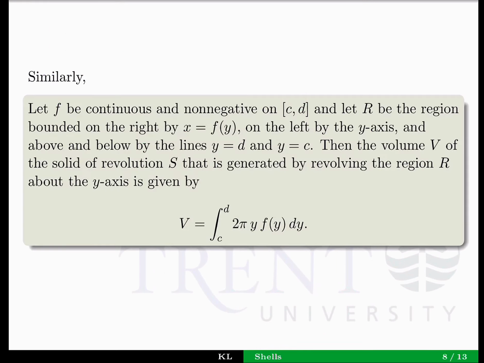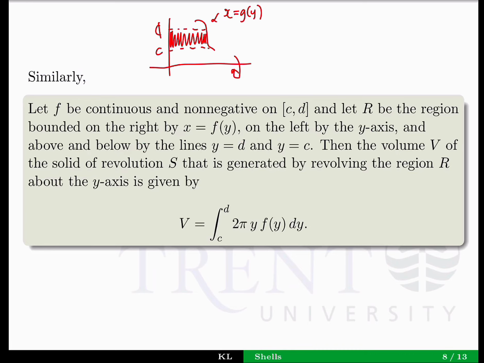Similarly, if we have the y case, this time you have your function. Say this is your function, x equals g of y. And then this is your c, this is your d. This is the region. The axis of revolution is here.